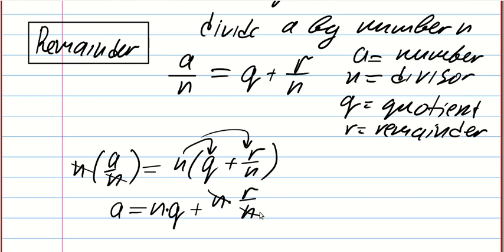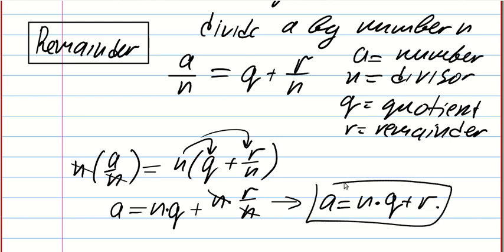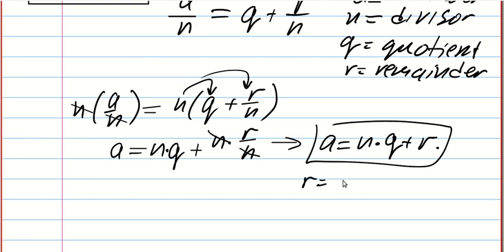And this number will divide into 1. So our final idea is that A can always be written as n times the quotient plus the remainder. And from this rule, we also know that we can always find the remainder to be A minus n times q. So we're going to use it in both forms.